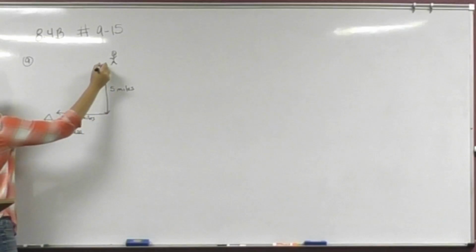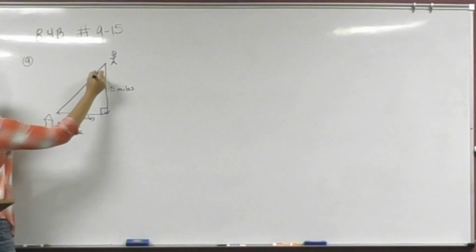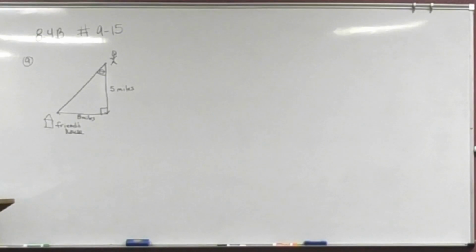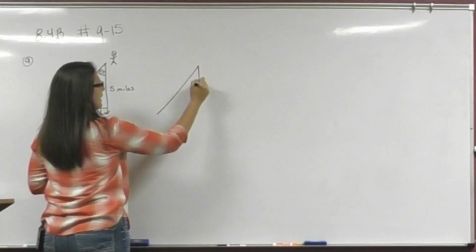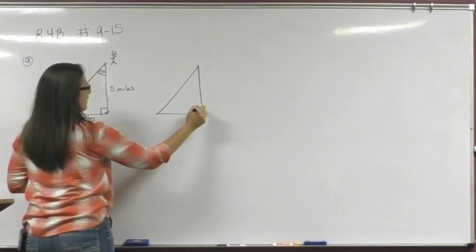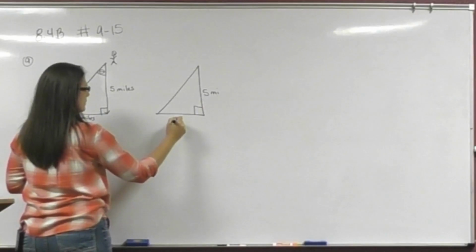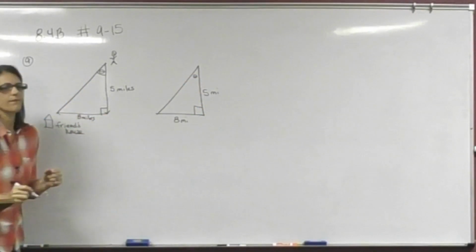So here is our right triangle, and the question is, what is this angle? So this is our theta. This is our reference angle, okay? So if you want to see it without all of the extra stuff, 5 miles, 8 miles, and theta.